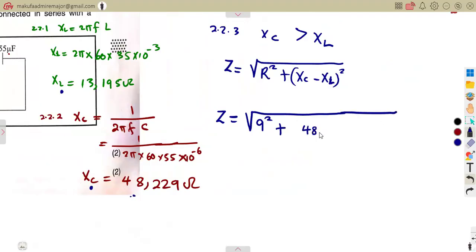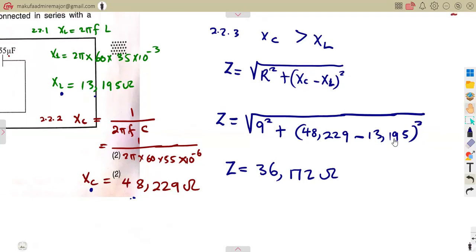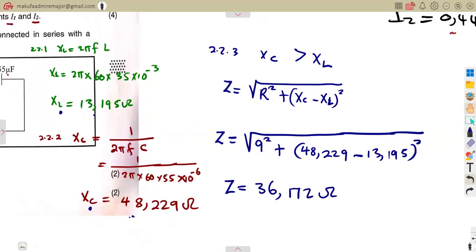So that's 48,229 minus 13,195 squared. So you square this, you obtain the impedance of the whole circuit. That was going to be 36,172 ohms. Okay, so there we have got the impedance.